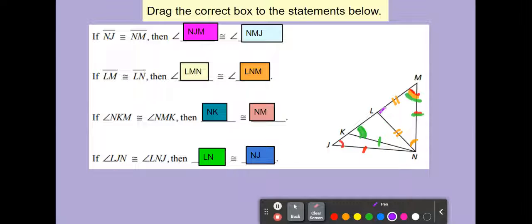And finally, LJN, this angle, is congruent to LNJ. This angle, it's congruent, it's creating an isosceles triangle here. Then LN must be congruent to NJ.